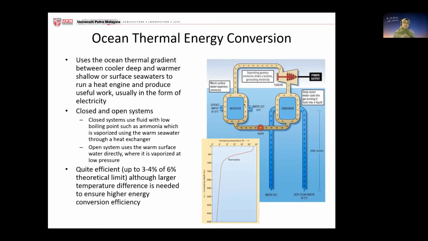So in a closed system, it uses a different type of fluid. In an open system, it uses the seawater directly, right? It's quite efficient, up to 3 to 4% of energy conversion. But basically you need a larger temperature difference to ensure a higher energy conversion efficiency.